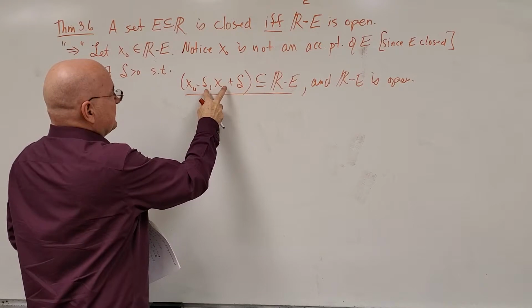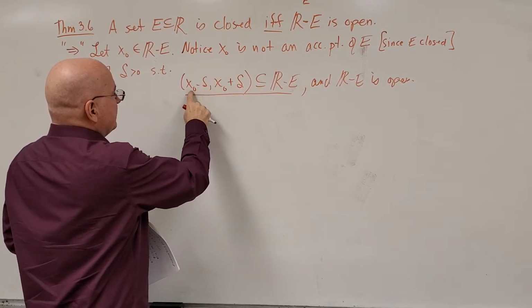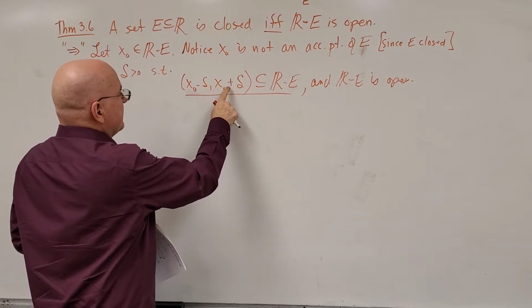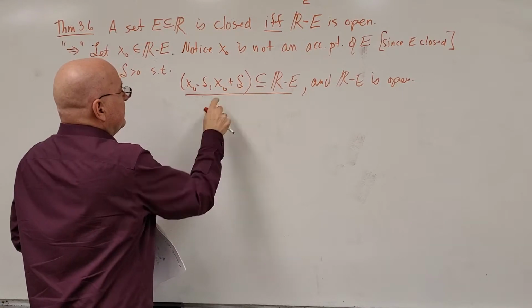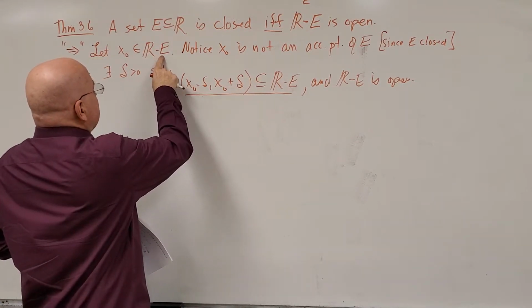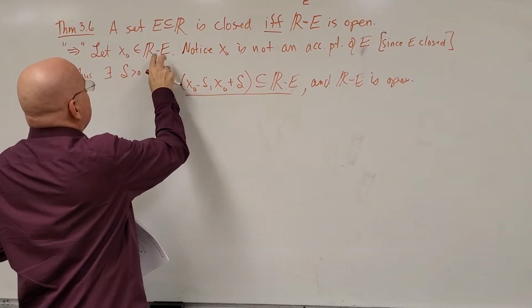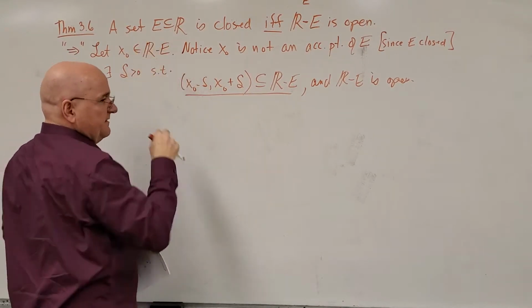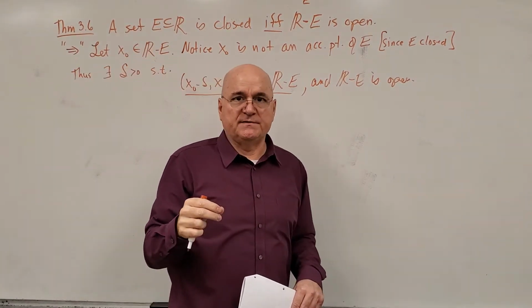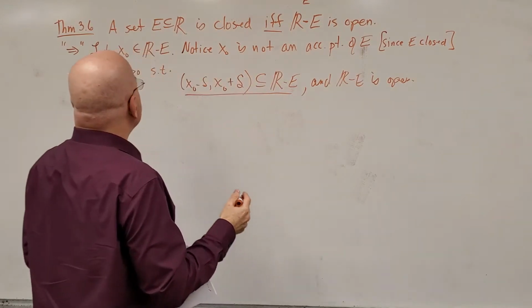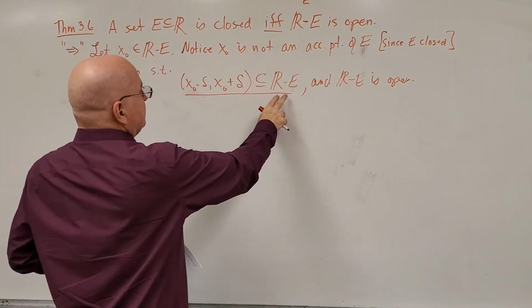If for every delta, x naught minus delta to x naught plus delta contained a point of E, then it would be an accumulation point, but it's not. So therefore, this is completely contained.